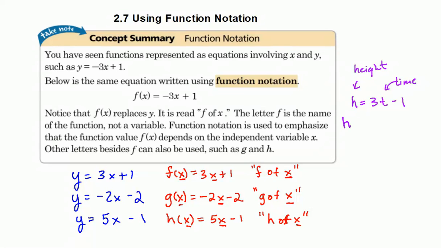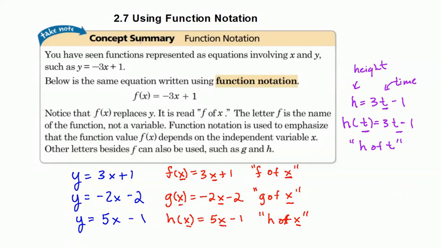So I could write this as h of t. T is my input. That's where I get the t from. And that's going to equal 3t minus 1. So our input is our t. This is known as h of t. So that's the reason we use function notation.